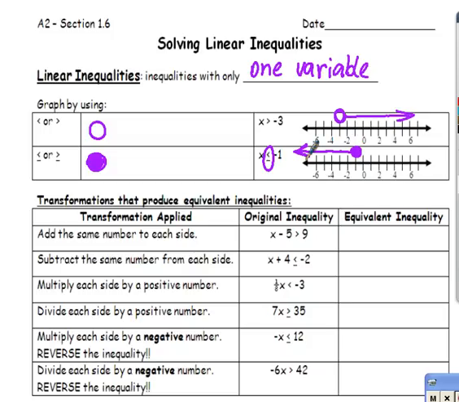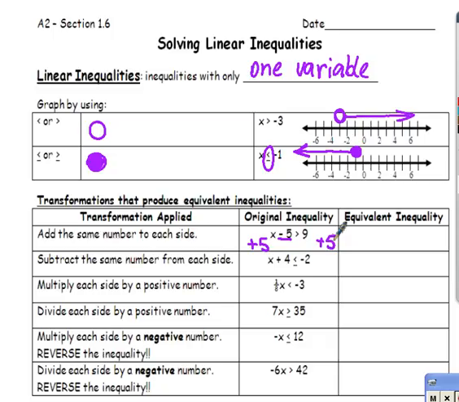So, transformation applied: add the same number to each side. This is what we need to do when in our original inequality we were subtracting. So we undo the subtraction by adding. We will add 5 to both sides. Just remember, always do it with the same number.